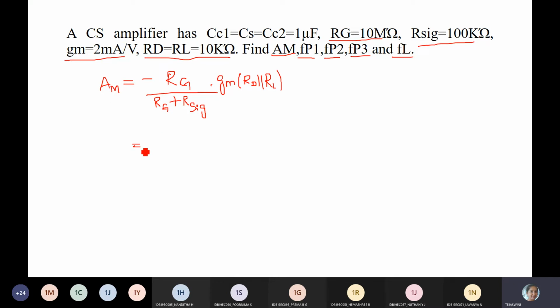Yes, find out and tell me now. Everything is given, direct substitution. I want all of you to do it. Take the calculator and do it.